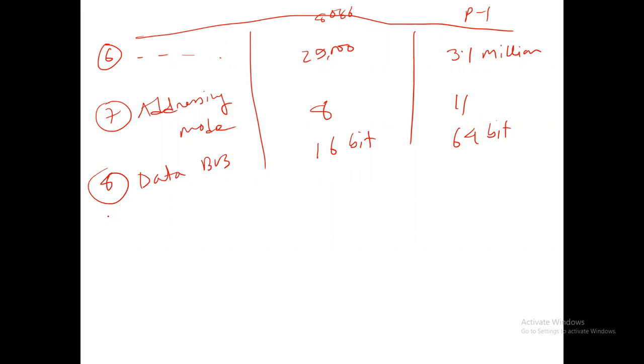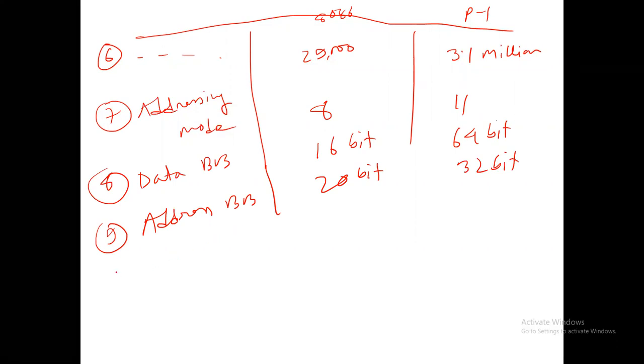Address bus or address line. Address bus is 20 bit, and this is 32 bit. Directly addressable memory, number 10.